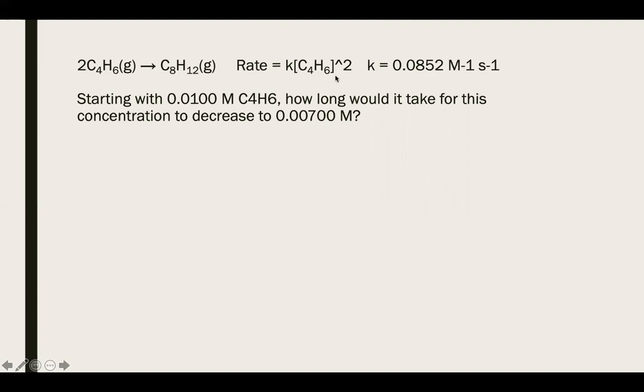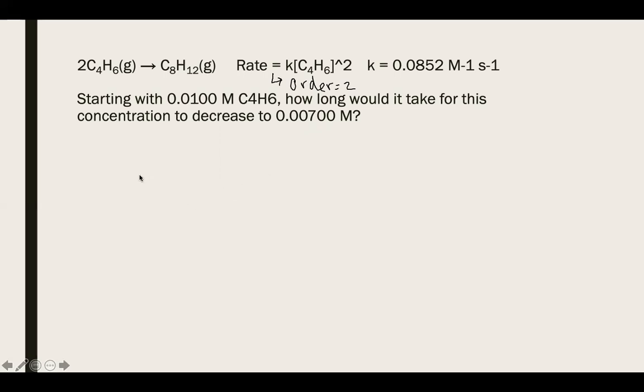You can see here that your rate is raised to the second power, which means your order is going to be 2. And so all of the integrated rate laws that you're going to use are going to be for a second order reaction. And you're trying to find the time that it's going to take for your concentration to decrease.